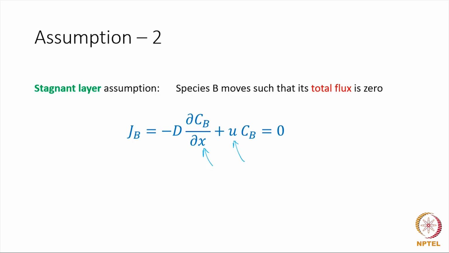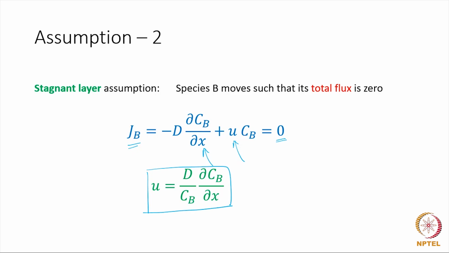So these two terms cancel, therefore the total flux will be 0. This is an important assumption that we are making. By making this assumption, we get an expression for the advective velocity U in terms of the gradient of the concentration of species B. Now this expression is important for us, and we are going to note it down for immediate use.